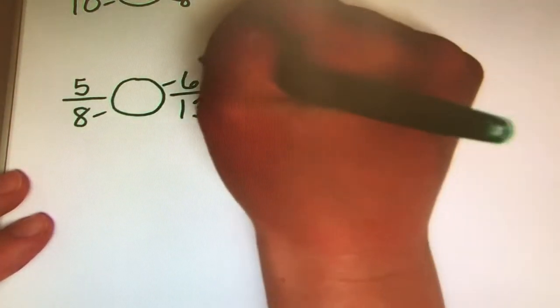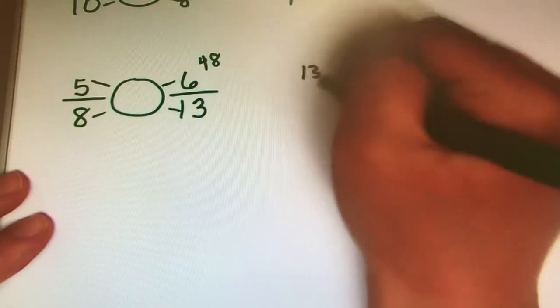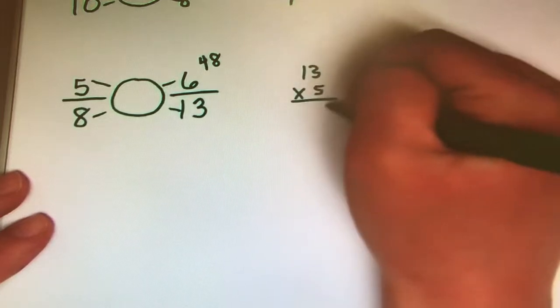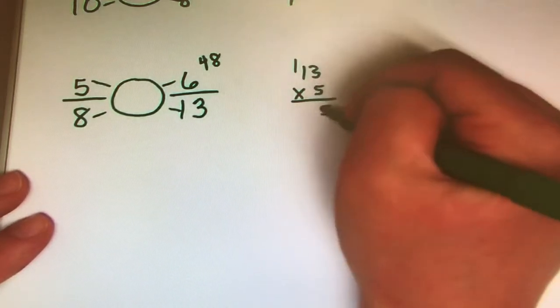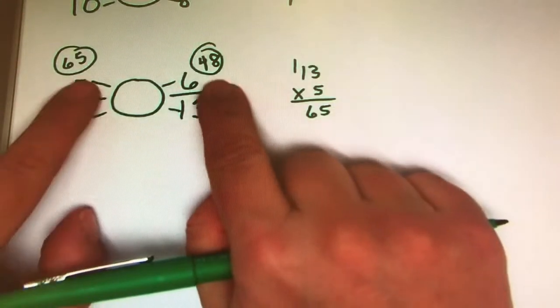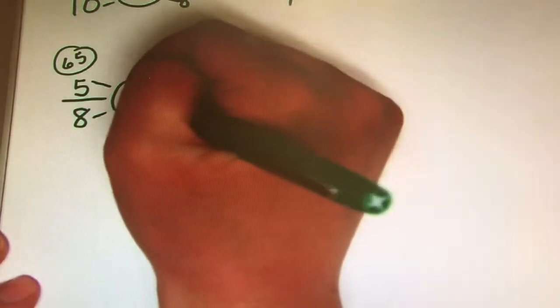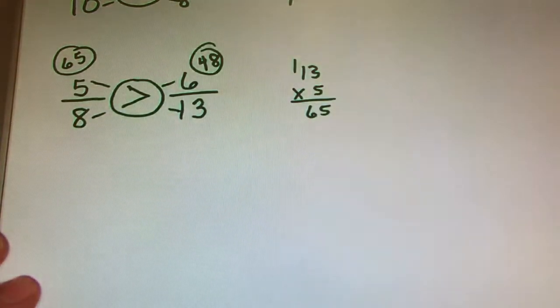Okay, again, cross multiply. 8 times 6 is 48. 13 times 5, I didn't bring my calculator over here, I'm going to do it really quick. 13 times 5, 15, 65. Okay, so then all we have to do is compare 65 to 48. 65 is greater than 48. Therefore, 5/8 is greater than 6/13.